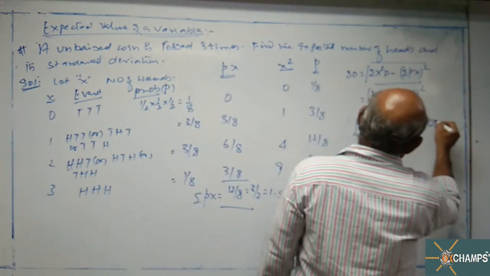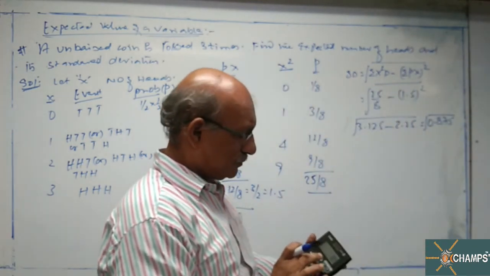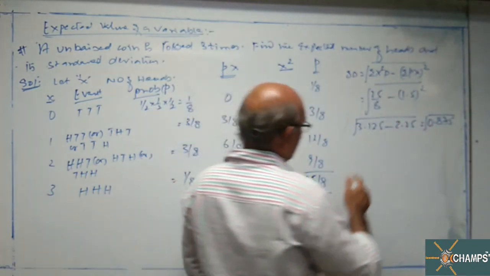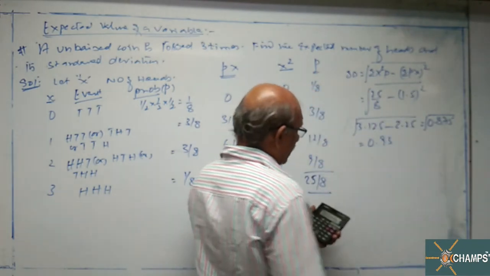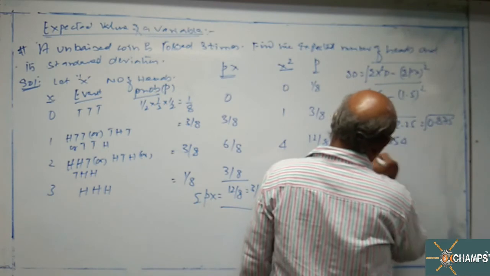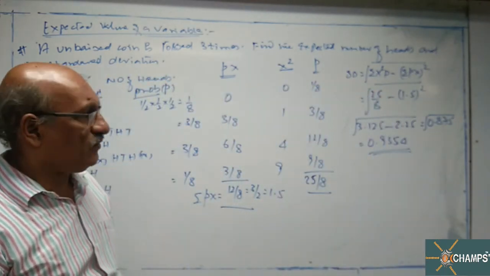This is 0.875 under root, 0.9354. This is standard deviation. Okay, sir?